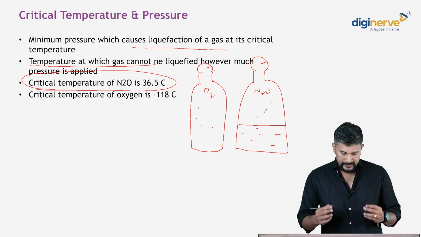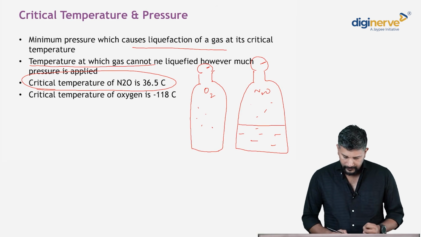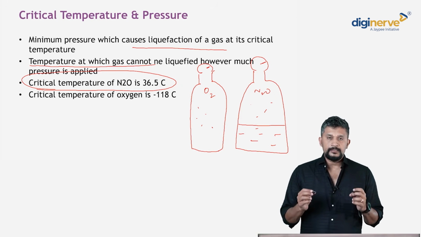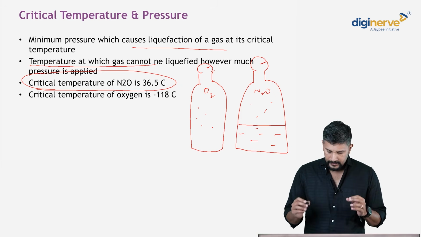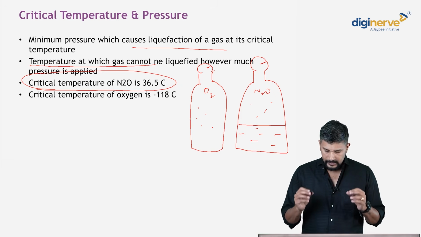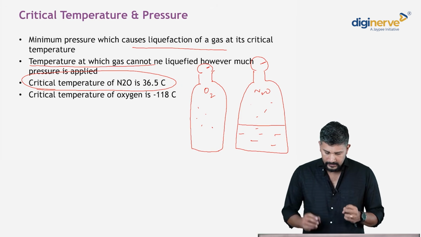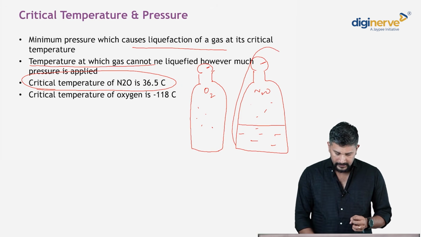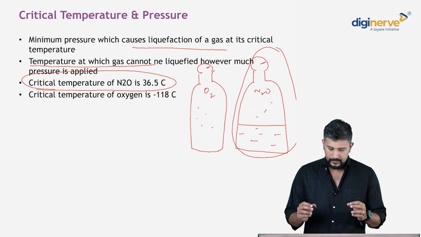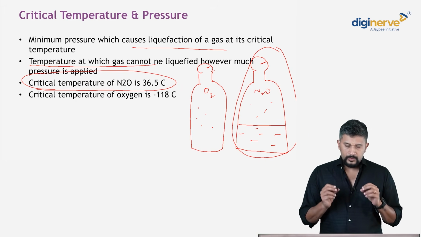However, below 36.5 degrees Celsius, nitrous oxide can be liquefied and stored in the liquid state. So, since the OR temperature is below 36 degrees Celsius, nitrous oxide is usually provided to us in a liquid state. So, you can see here the tank with nitrous oxide is going to be provided to us in a liquid state.